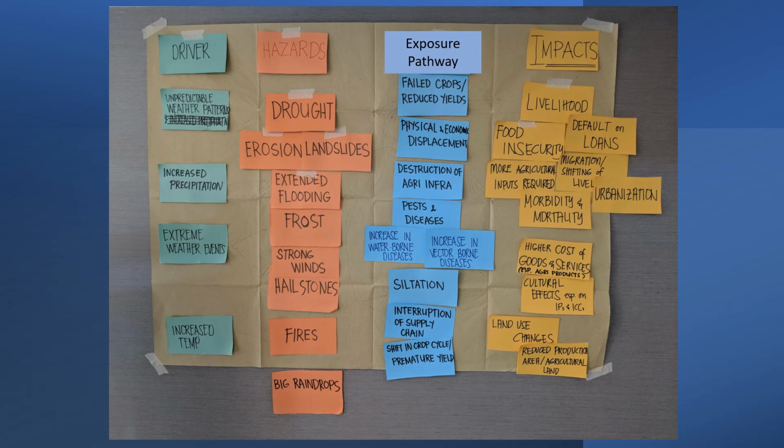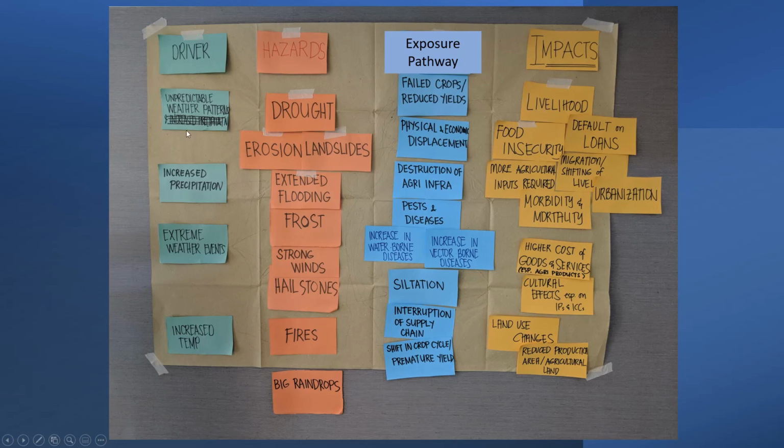The key thing we want to do here is draw a very clear line between what's happening in the environment, what's happening with climate change, and is it making these hazards more likely to happen? Or is it introducing new hazards? And if it is, how are those hazards harming people? What's the process by which a hazard can harm people? And then lastly, what's the impact of that harm?